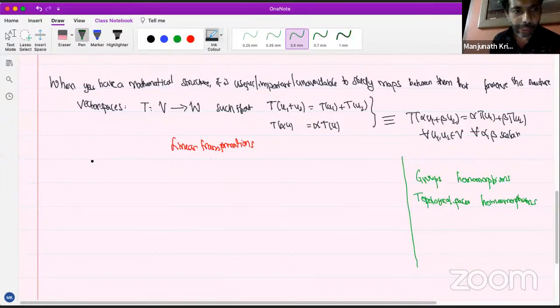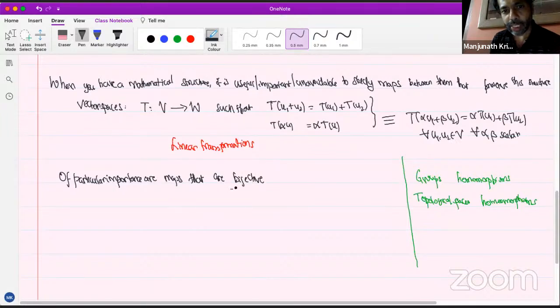Of particular importance are maps that are bijective, and the inverse also preserves the structure.